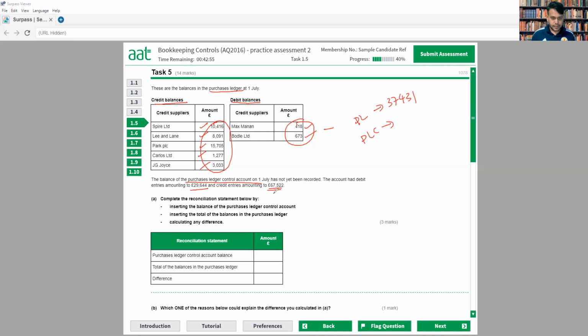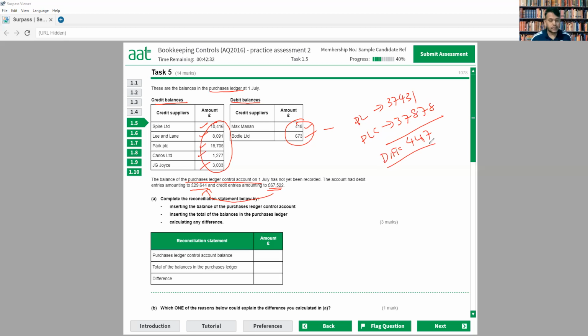You do this minus this, and that gives me 37,878. That means it's not matching, isn't it? You have to find the difference, and the difference is 447. That's the difference between the purchase ledger and the purchase ledger control.